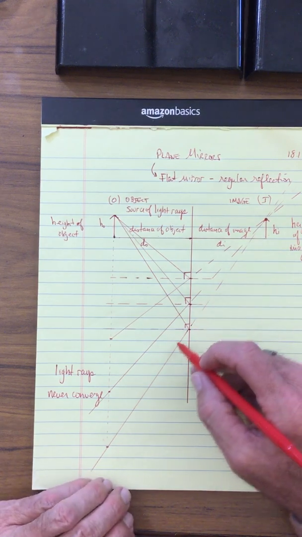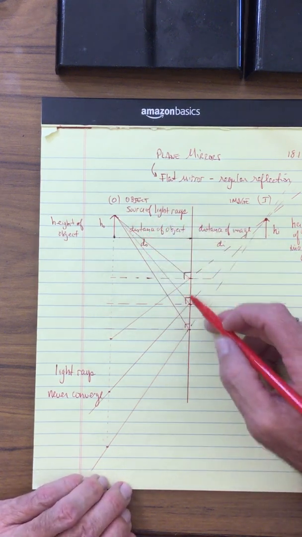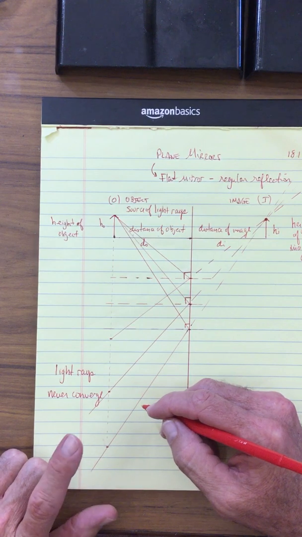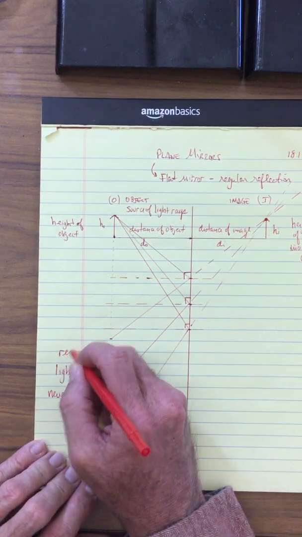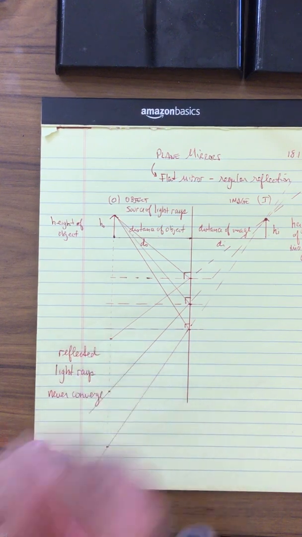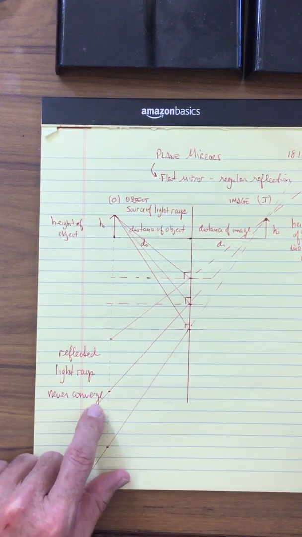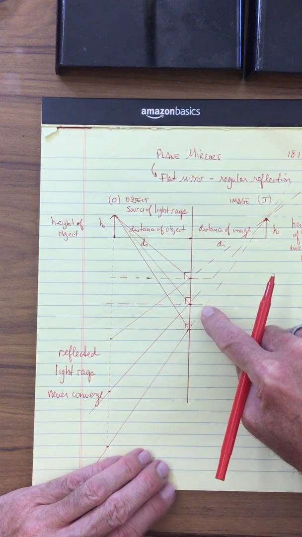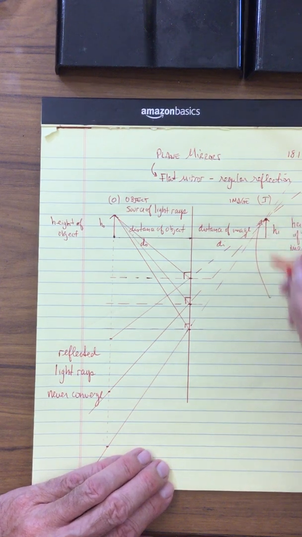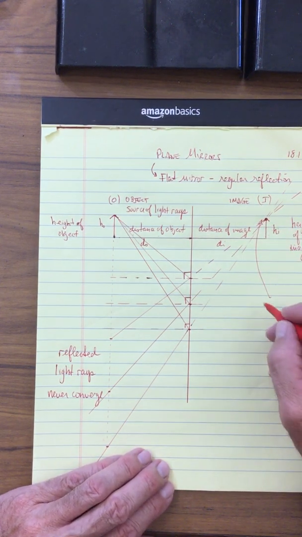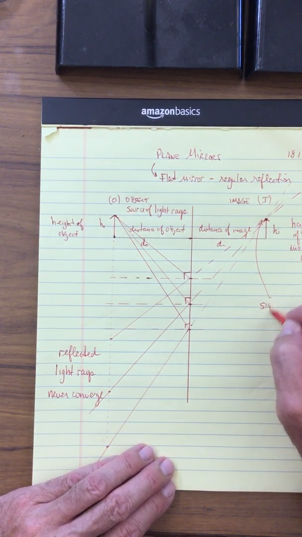And right here, these are your source of the light rays. These right here are the reflected light rays. The reflected light rays never converge, so we draw these sight lines. And at this point right here, this is where the sight lines converge.